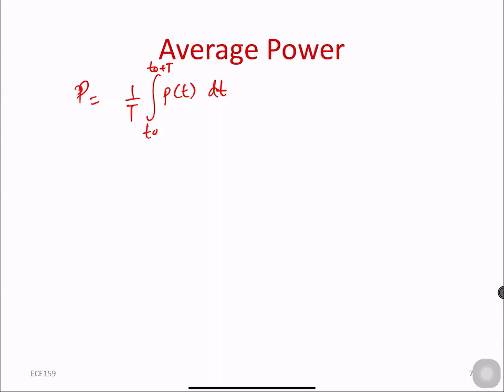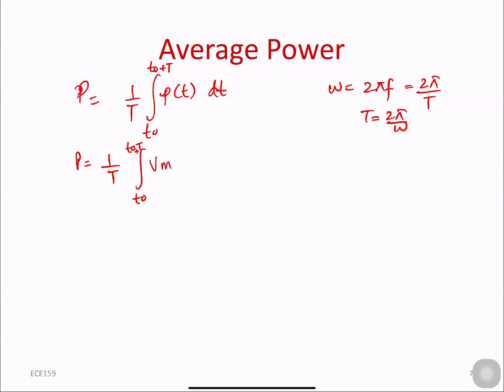So we know already that omega is nothing but 2 pi f, which is 2 pi over T. So T can be written as 2 pi over omega. This is the T which is on the integral. We already know the formula for the instantaneous power, and we can put this formula in this term.